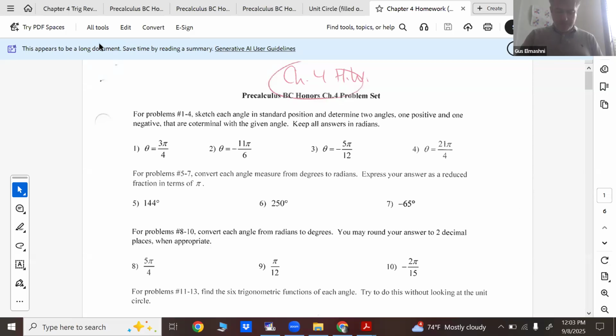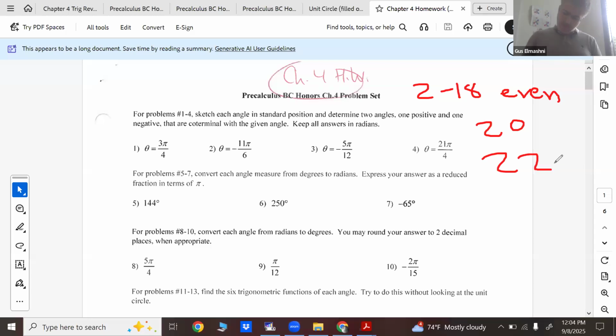So we'll do 2 through 18 even, 20, 22, 23.